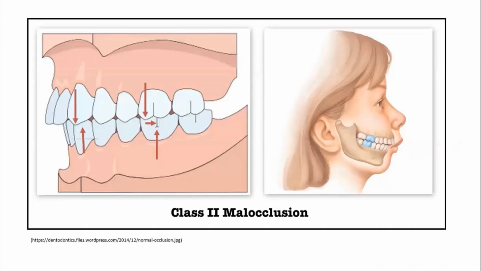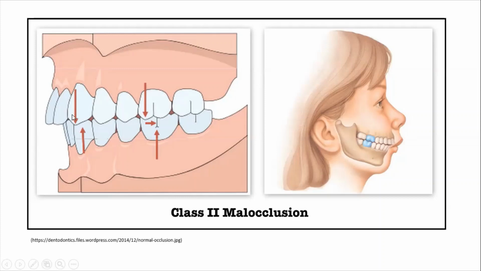And you can see it in this picture. So if you look at the mesial buccal cusp of the maxillary first molar, it's forward. It's pushing more mesial to that mandibular groove. Here, look at the way the canines are lining up.